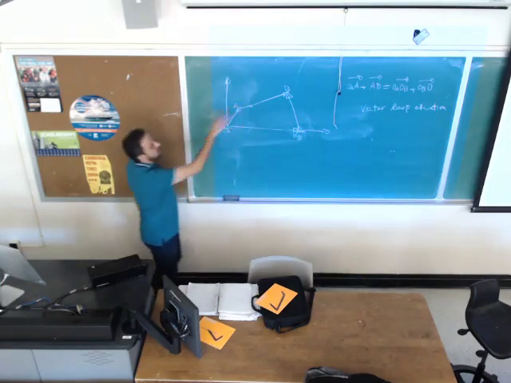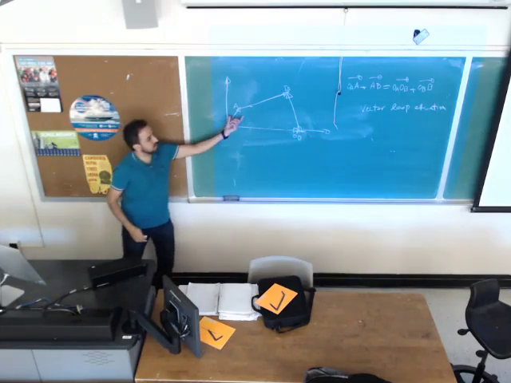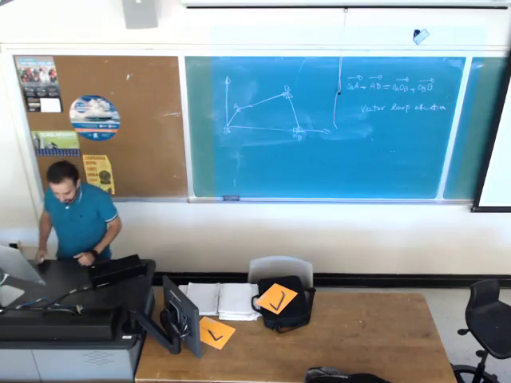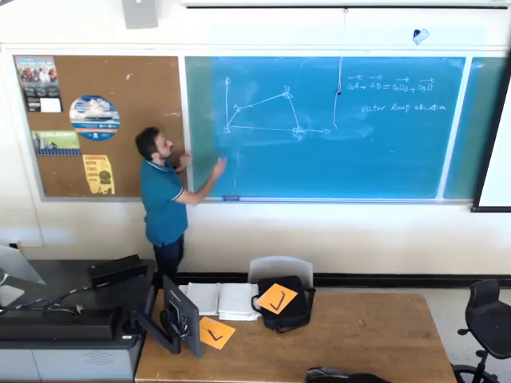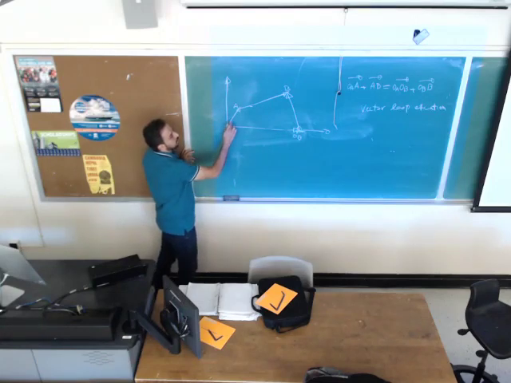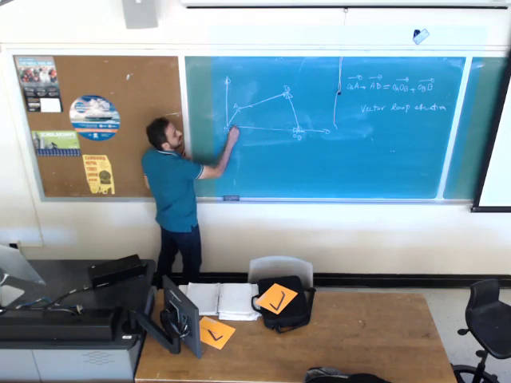So after you form the vector for each link, you can label the angles. For link 2, you need to have one angle to show the orientation of the link with the ground. So this is a ground line. At the point at which the vector is starting, you have to measure the angle. So it's going to be theta 2.